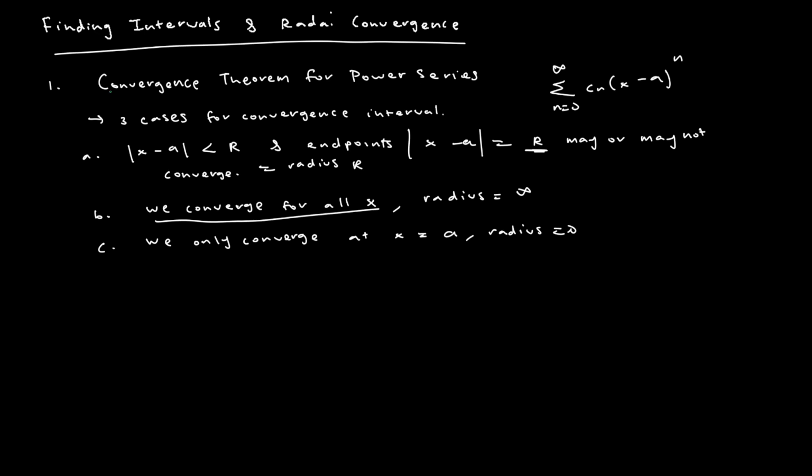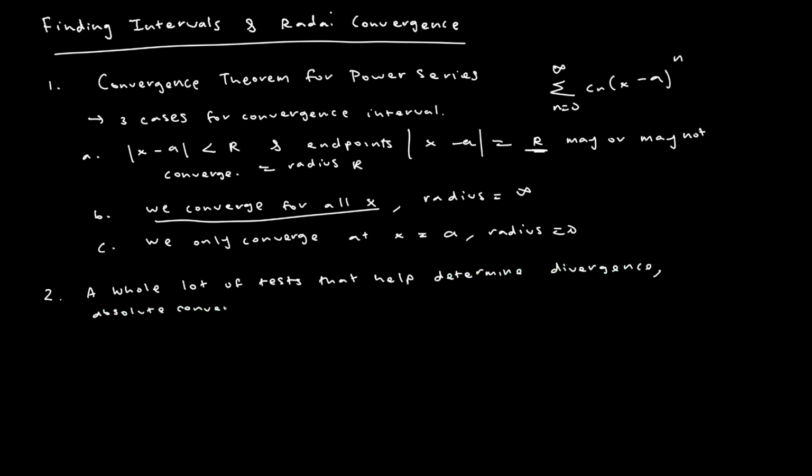So that's what the convergence theorem told us, and if you want to know more about that, I previously covered it. And we also learned about a whole lot of tests that help determine divergence, absolute convergence, and conditional convergence.